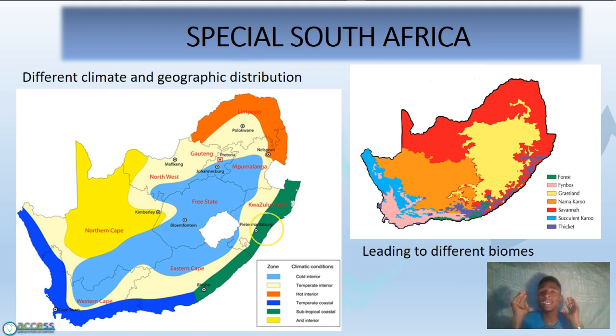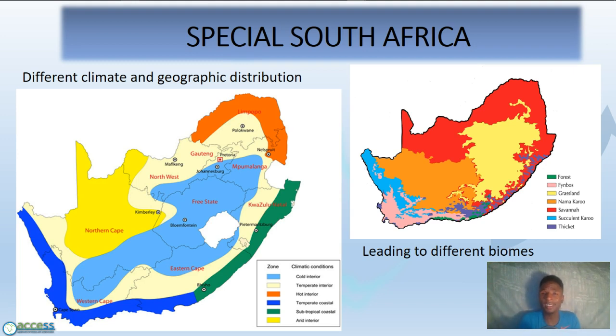For example, there are some plant species that adapt to certain climatic conditions. So this brings a variety of different biomes in South Africa because of these different climatic conditions. So this is special to us because now we are having different plant species, different biomes, geographical distribution of biomes all over South Africa because of these climatic conditions.